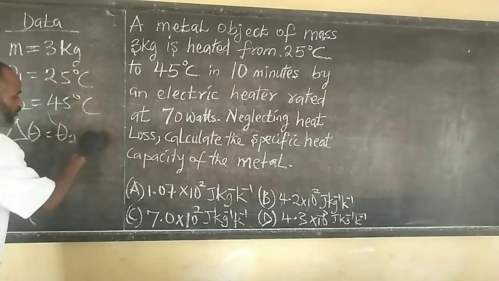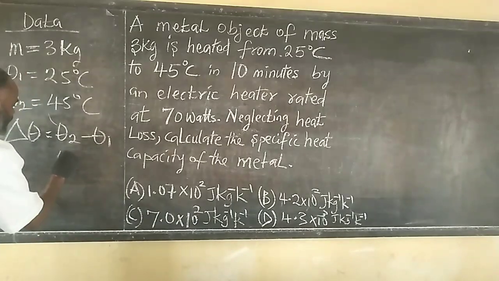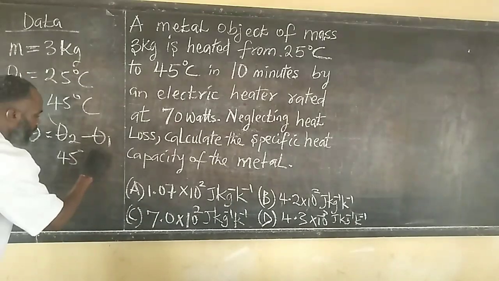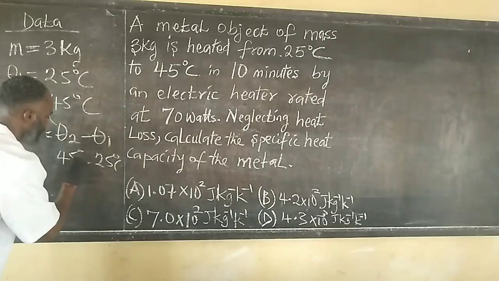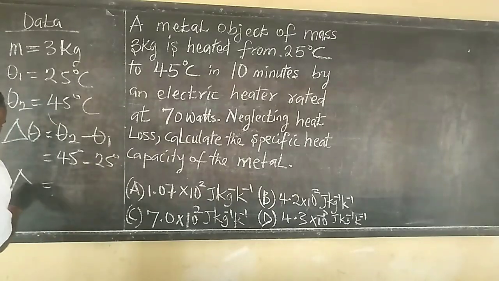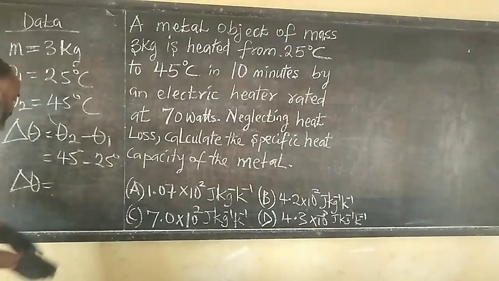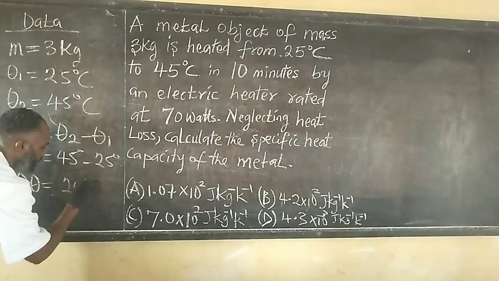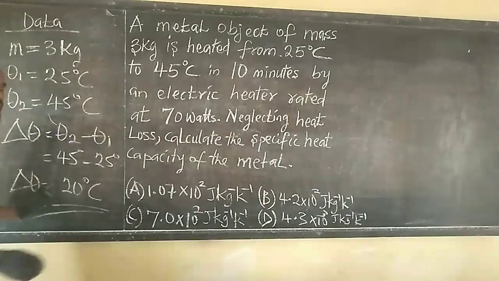Theta 2 minus theta 1, that is 45 degrees Celsius minus 25 degrees Celsius, and this becomes the difference in temperature. 45 minus 25 is simply 20 degrees Celsius. We shall be working with this, alright? Our solution will depend on this.